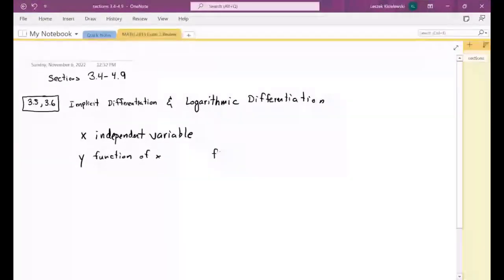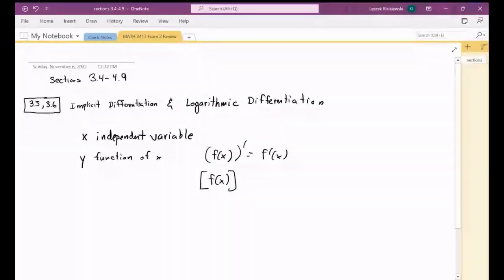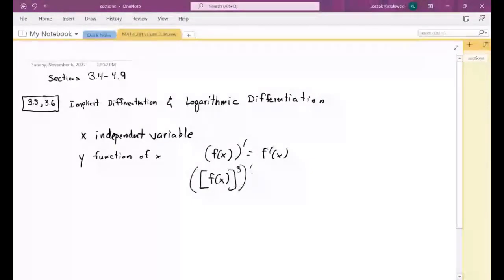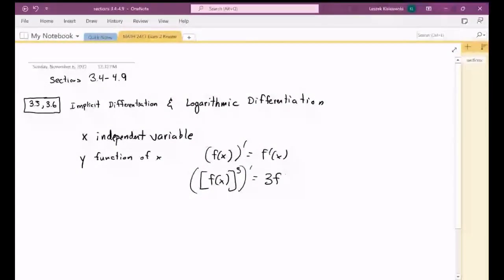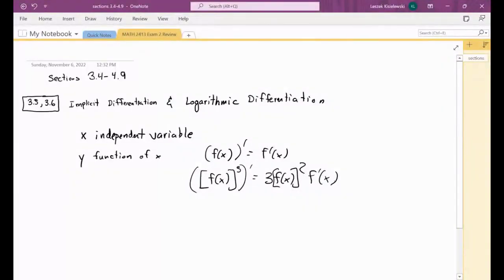So naturally, if you come across f of x and you differentiate it with respect to x, you're going to write f prime, right? And if you have a function of x and that's inside some other function, let's say cubed, and you differentiate, of course, you're going to apply the chain rule. Okay. Just remember that they won't write f of x, just y is this unknown function of x.